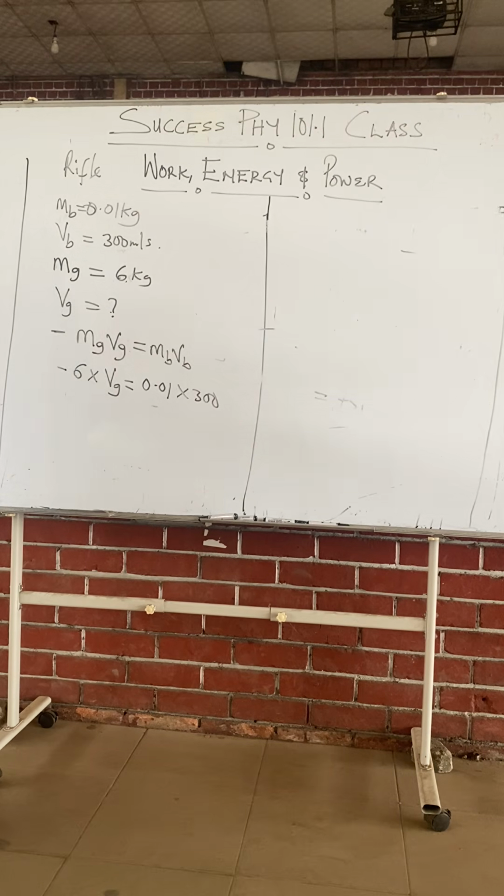When you see questions like if a gun fires a bullet, mass of gun times velocity of gun equals mass of bullet times velocity of bullet. Let the negative sign be here to show the recoil, because for the bullet to go forward, the gun must experience a recoil.